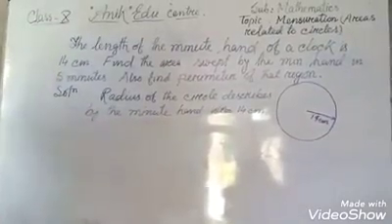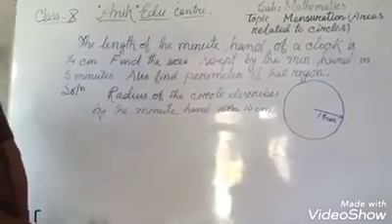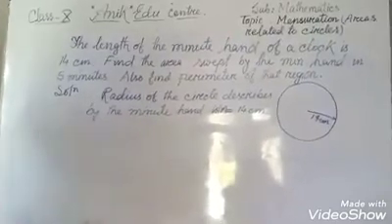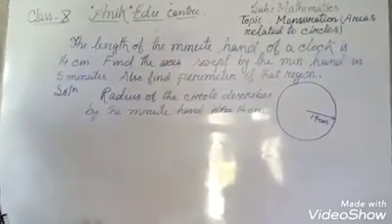Radius of the circle described by the minute hand is 14 centimeter.